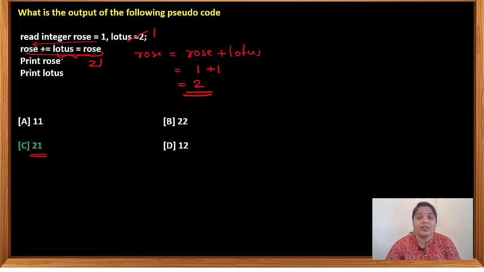The computer does not identify a space or a new line unless it is given. So 2, 1 is the answer. Okay, option C, 2, 1.